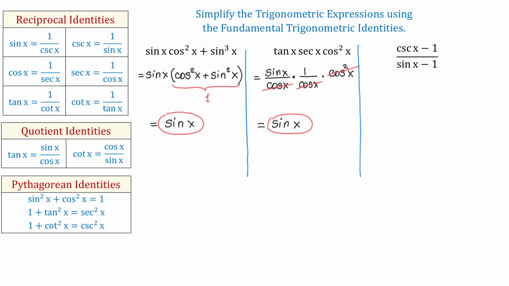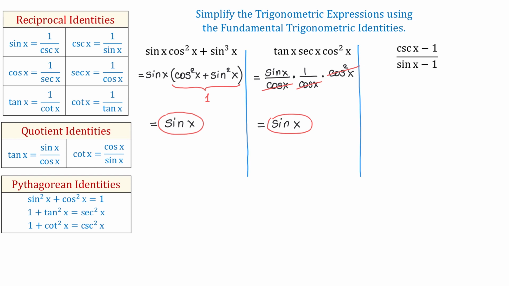First, I want to tell you that in many cases, there is not only one path you can take to simplify a trigonometric expression. For example, I could start by multiplying both the numerator and the denominator by the conjugate of the denominator, which is sine of x plus 1. And because this may take longer to simplify, instead, I will rewrite each function in terms of sine and cosine.